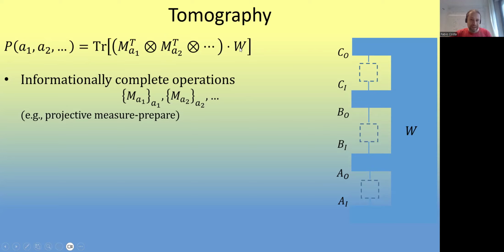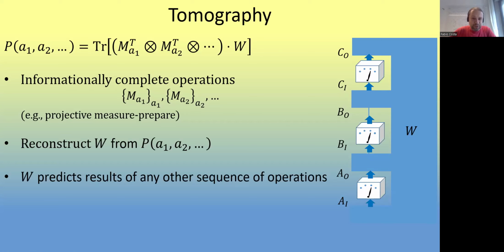So essentially, you can rewrite W as a linear function of the probabilities P. And specifically, a choice of informationally complete operations is that at each time I perform a projective measurement on an informationally complete basis, and then I re-prepare pure states again in an informationally complete basis. And this allows us to use standard tomography techniques to reconstruct the process matrix.